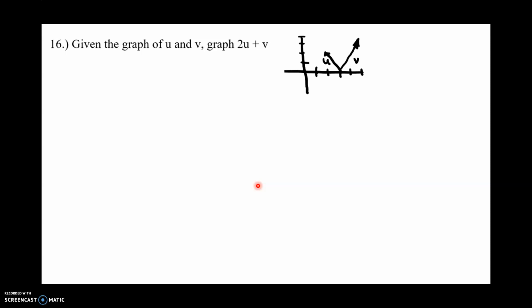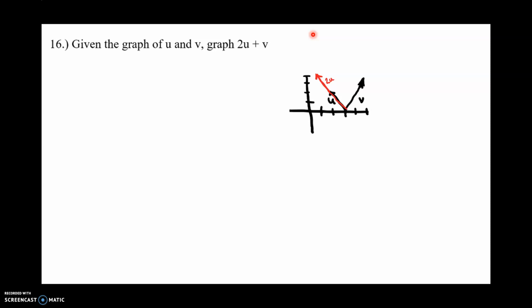So for 16, we have the graph of u plus v, and they ask us to graph 2u plus v. To begin with, this is 1u, so 2u is just going to be twice as long as that. So there's my 2u. And then if I want to add v, because these are already tail to tail, I'm going to use my parallelogram method.